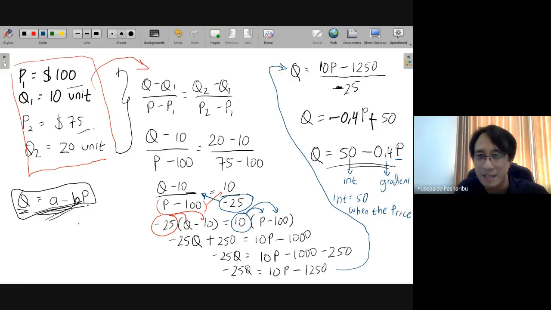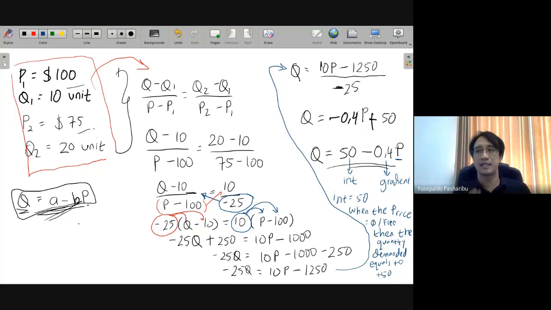When the price equals 0, or free, then the quantity demanded equals 50. That's the interpretation of the intercept. 50 unit.